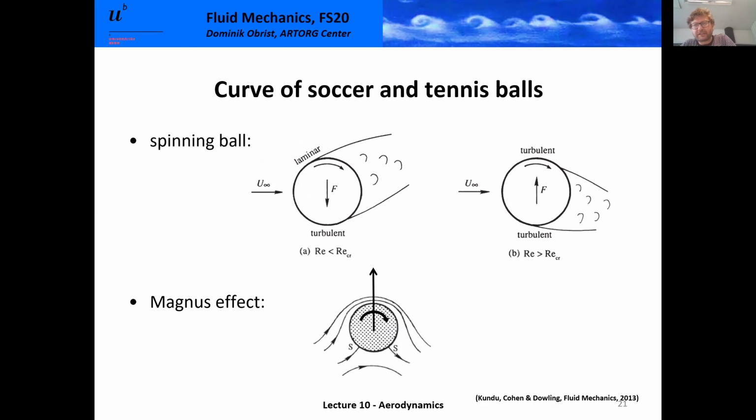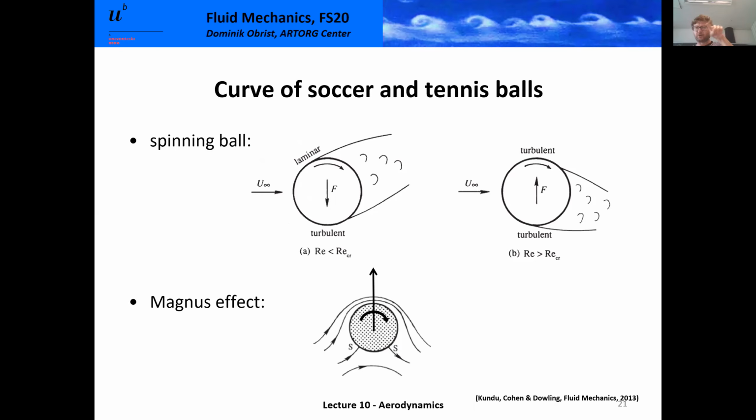Well, people usually think, those who had some fluid mechanics but didn't hear this lecture, they usually think about the Magnus effect. We quickly talked about the Magnus effect in the context of potential flow. That's what you see on the bottom of this slide. You remember that we have a potential flow solution for a cylinder, and we can add circulation to it.